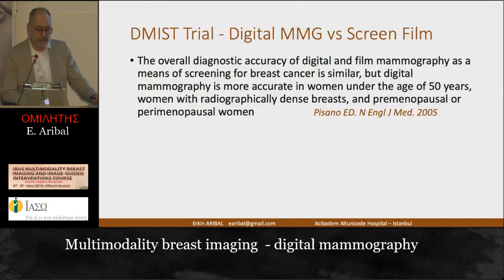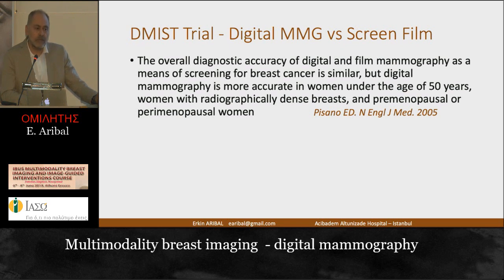When digital mammography arrived in 2005, there was the DMIST trial in the United States. The overall diagnostic accuracy of digital and film mammography as a means of screening for breast cancer was similar in that study. This showed two things.